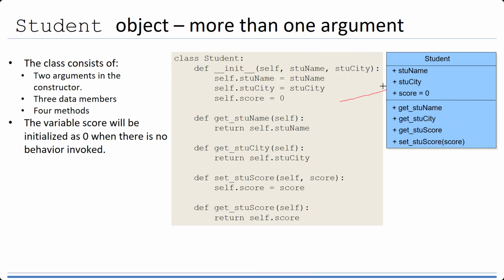So I can see the data members in the class diagram like this one. You can define the data type later. But as you know, Python has no particular data type at first. When you have no data type like this one, can you guess what is the proper data type?